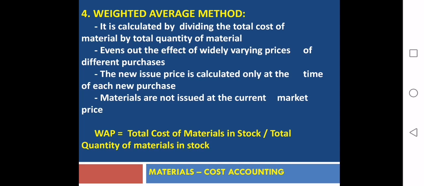So example, on first day 100 quantity purchased at the rate of 5 rupees. Second day 300 quantity purchased at 6 rupees. And next day 500 quantity purchased at 7 rupees. Price is also increasing at the same time. Volume, that is quantity, also increasing in 3 receipts.